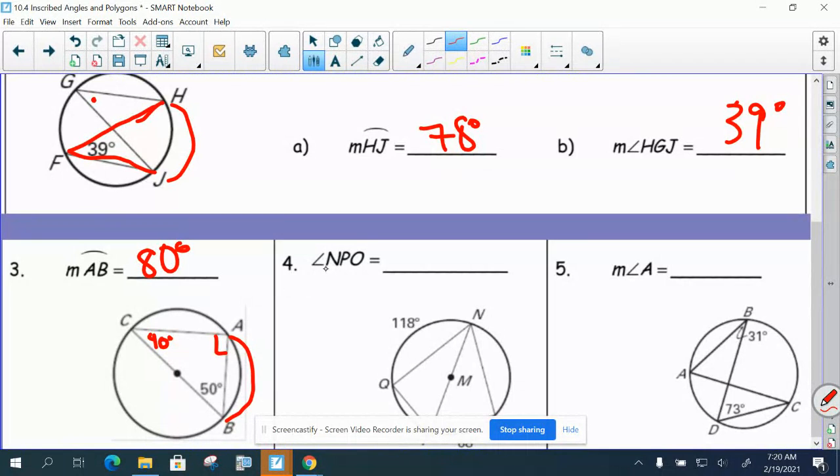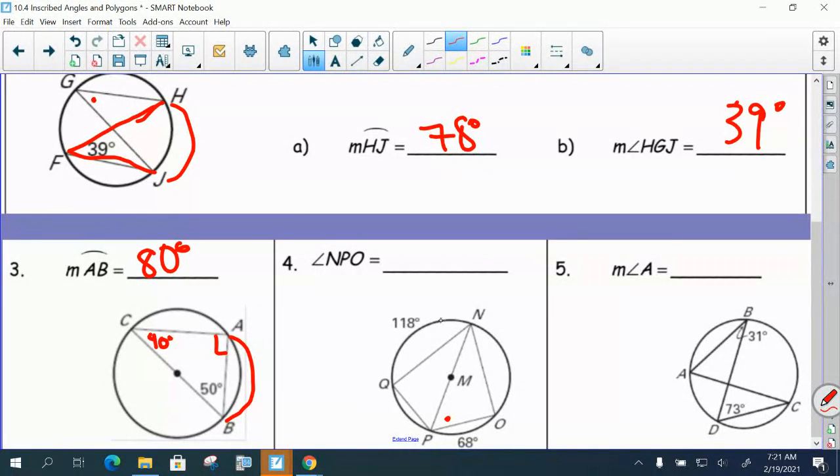How about angle NPO? We're talking about this angle here. One of the things that you can't assume is that this arc is the same as this arc and 68 is the same as this arc. So those are not necessarily the same. And in fact, they're not.